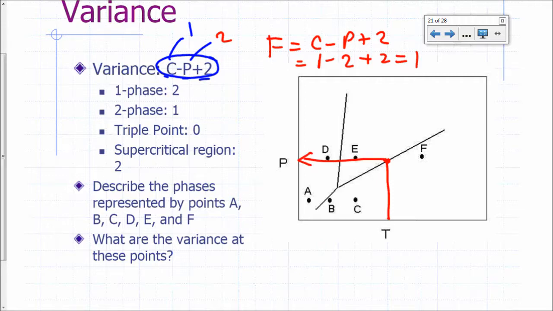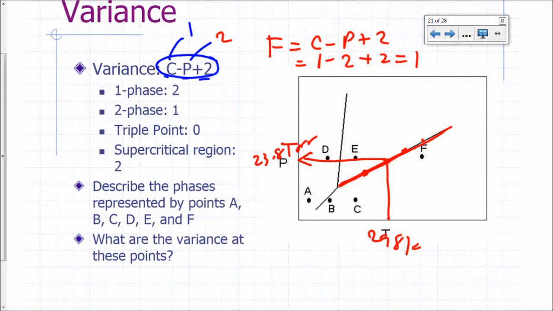Nature already tells me what that pressure is going to be, and that's 23.8 torr, if this was water at 298 Kelvin. So on the two-phase curves, where you have two phases at equilibrium, your variance is 1. By specifying either the temperature or the pressure, the other one is defined. You have only one independent variable.